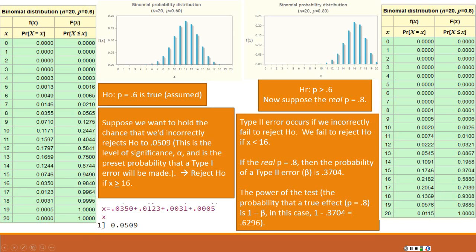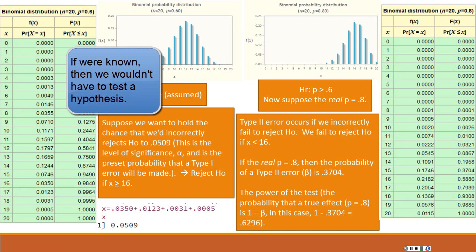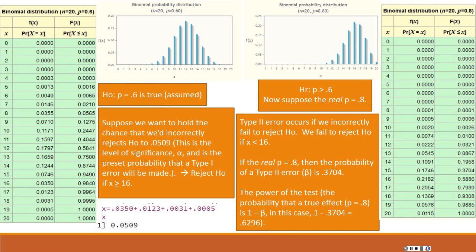On the other side here, our HA is P greater than 0.6, or suppose that the real P is 0.8. It's going to be unknown, but in fact, both of these will be unknown, but let's just assume that the real P is 0.8. So a type 2 error occurs if we incorrectly fail to reject H0. We are going to fail to reject H0 anytime we get X less than 16.